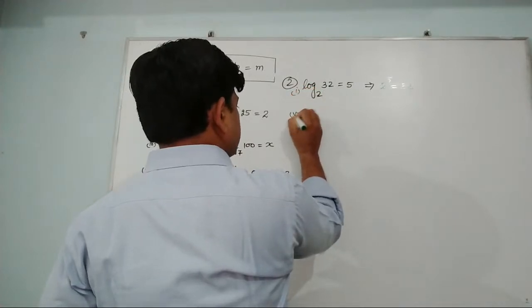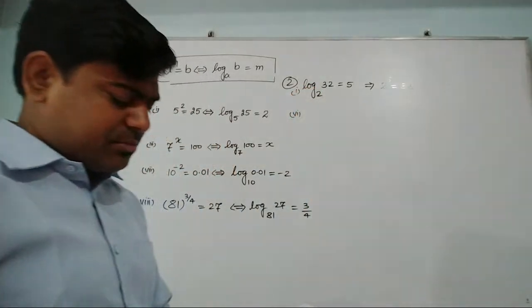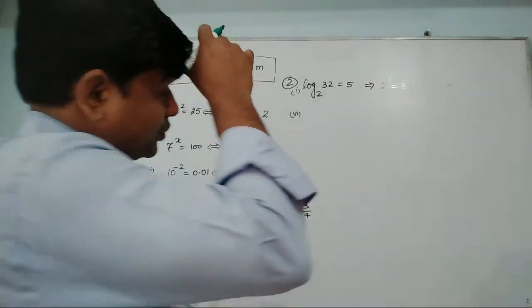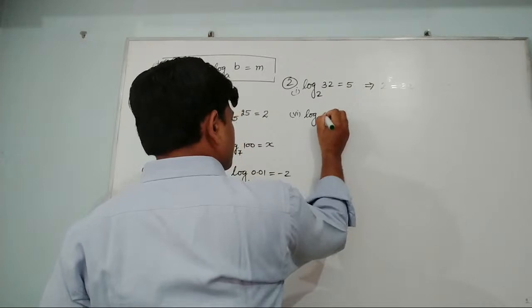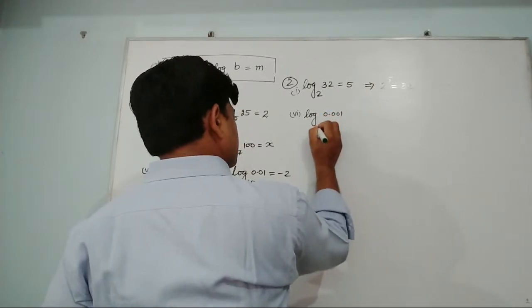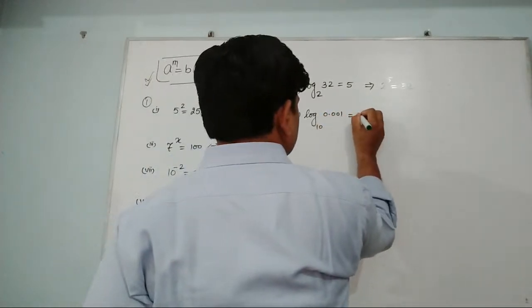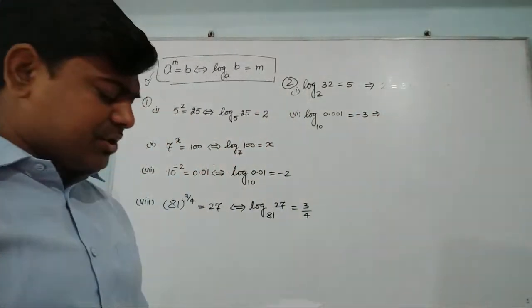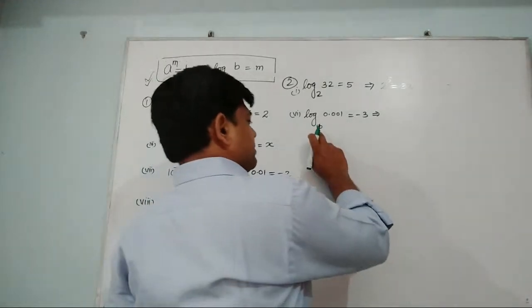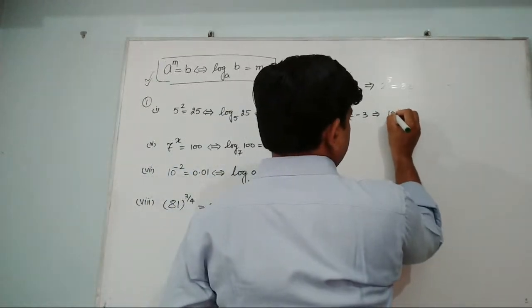6th part you can see, and it is a little bit in decimal, and that negative sign is also there. You can see log 0.001 base 10 is equal to minus 3. What should I write? Here I am having base 10, again I will have base 10.